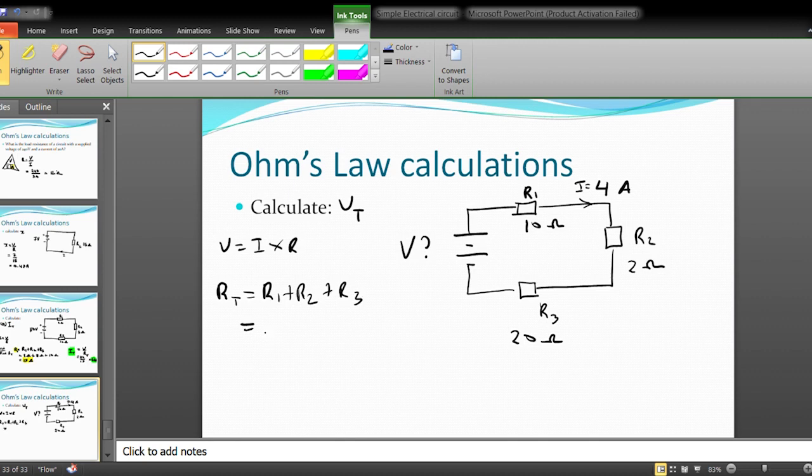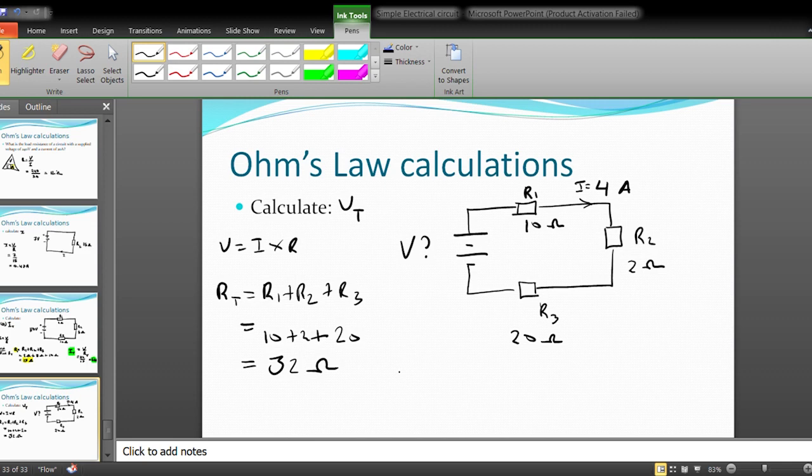You put in the values, you have 10 plus 2 plus 20. That will give you 32 ohms.